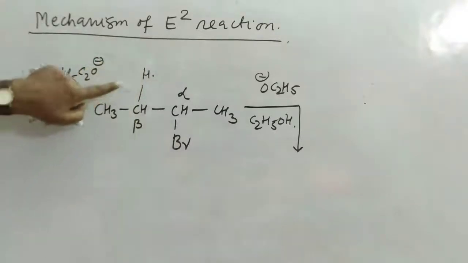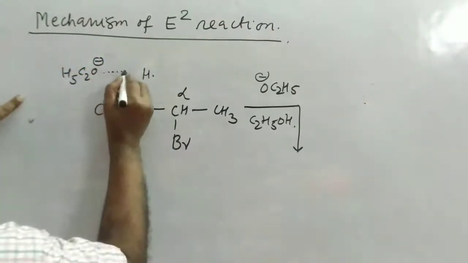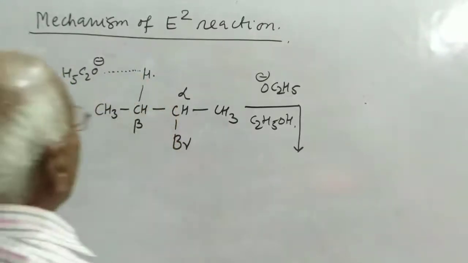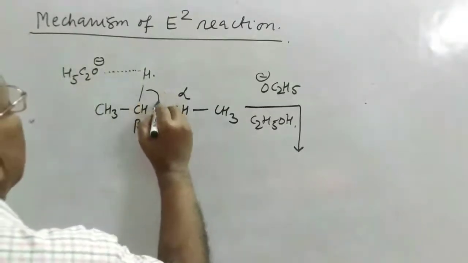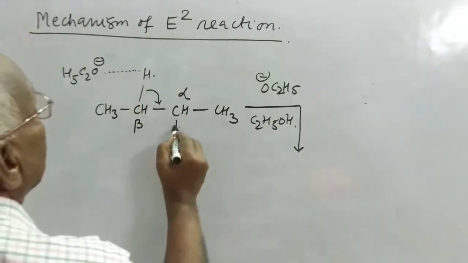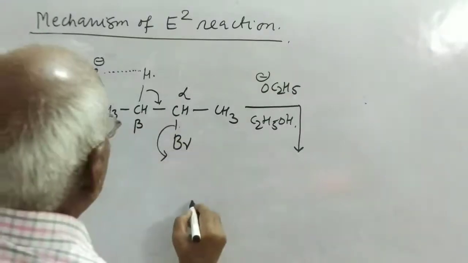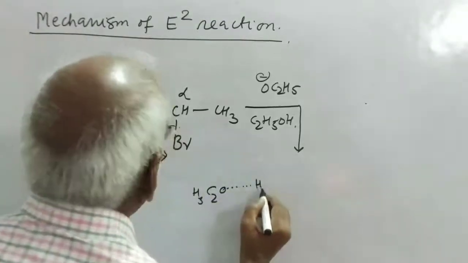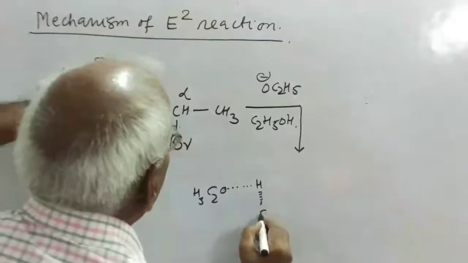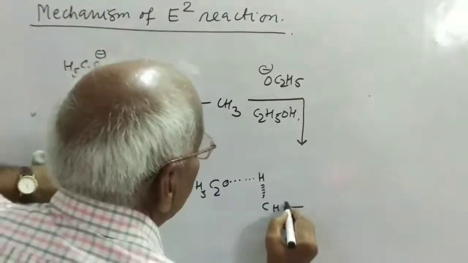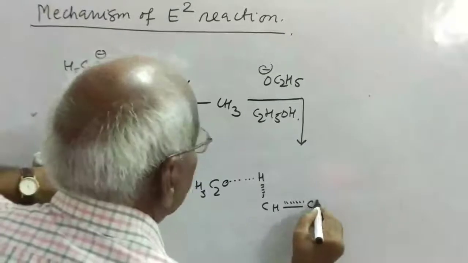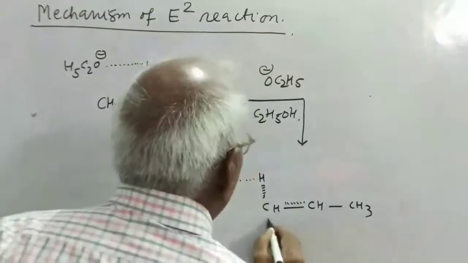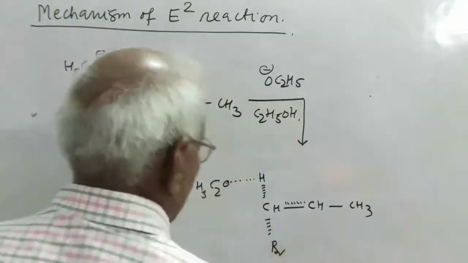The base interacts with the beta proton and begins to form a bond. This begins to weaken, comes over here, and this goes over here. So a transition state is obtained. C2H5O makes a bond with the hydrogen. This bond is going to be broken, and this new bond is going to form. This is CH3, and this bromine atom is going to depart.